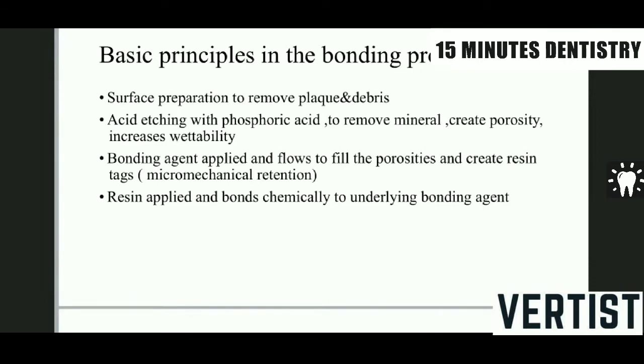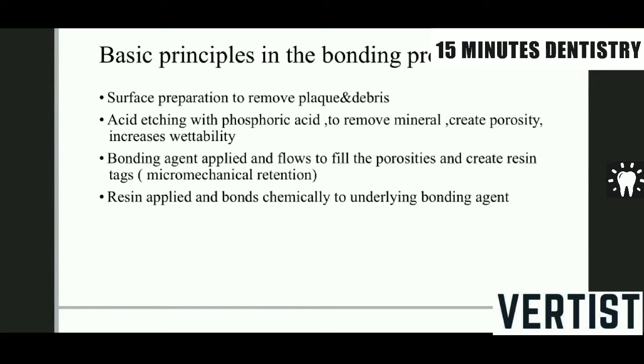There are some self-etching primers also, which are bonding agents too, so that you don't have to put the acid on the tooth. It will etch and it will also follow the dentinal tubule pattern and create uniform resin tags for better retention of the composite. Now the bonding agents which are applied flow to fill the porosities and create resin tags, which are known for micromechanical retention.